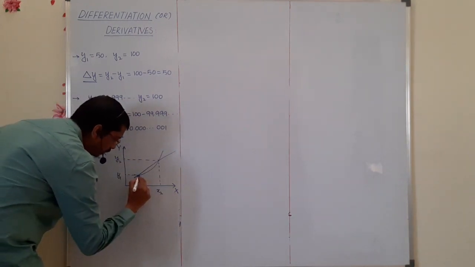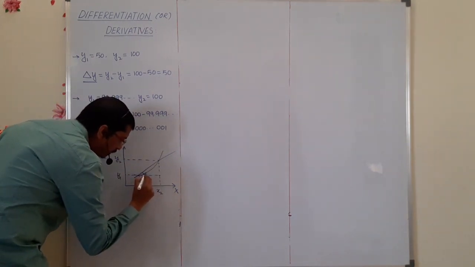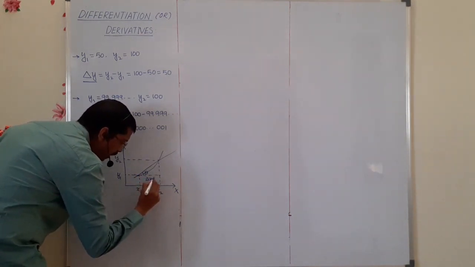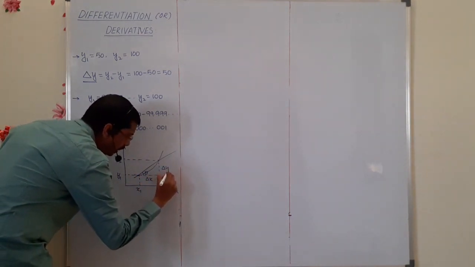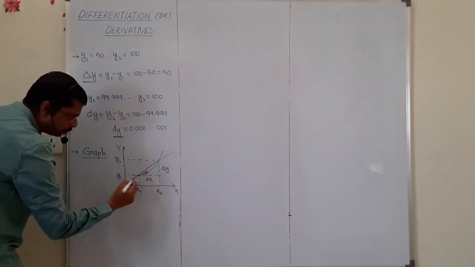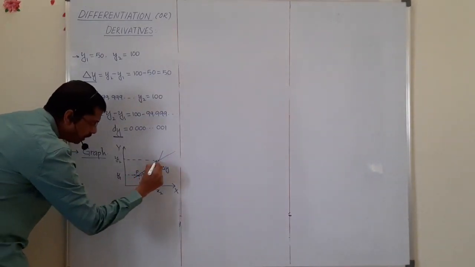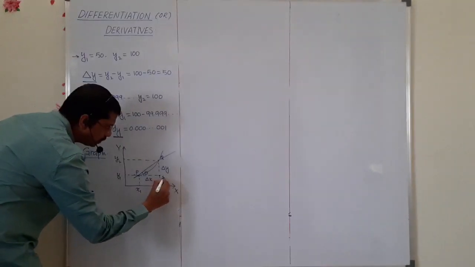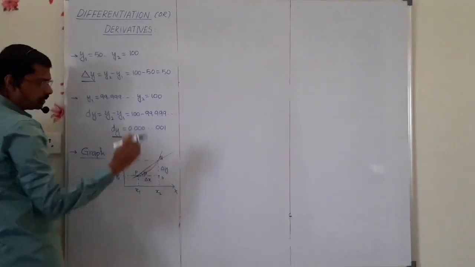In this condition, the tangent line makes an angle theta. This side we call delta x and this side delta y. It looks like a triangle. Let us consider the points P, Q and S; PQS is a triangle.